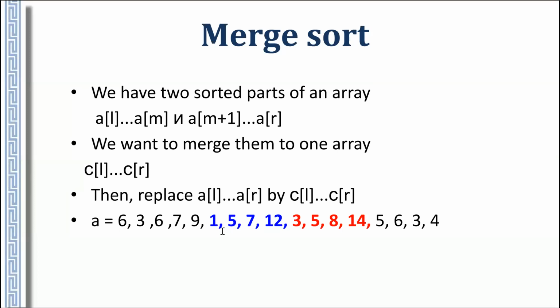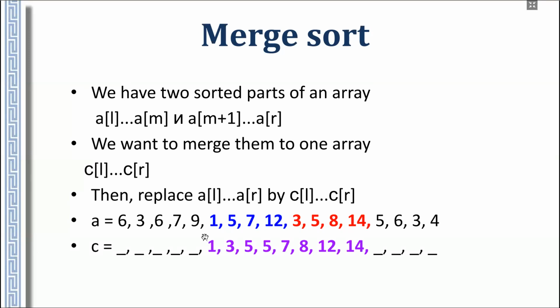Okay, let's look at an example. We have the first part already sorted, from 1 to 12, and from 3 to 14 also sorted. We try to merge them into a sorted part of the array. We want to have such a merged part in C and then copy it back to here.